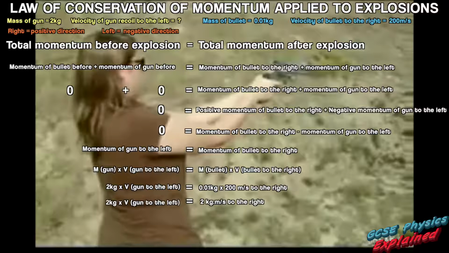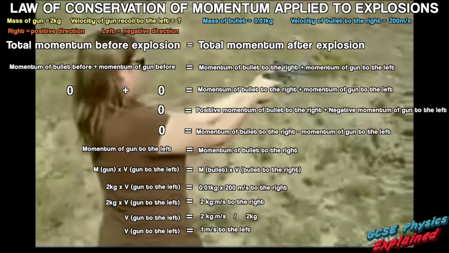We can then rearrange the equation to find the velocity of the gun recoiling to the left. So that will be 2 kilogram meters per second divided by 2 kilograms, which equals 1 meter per second to the left.